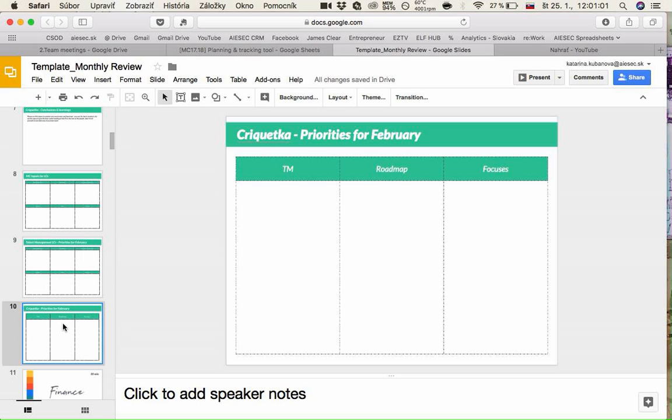You should know roughly what is going to happen in February, but yes, there will be space for synergies planning and roadmap planning. There will be space for aligning each other in the plans, but there will not be 2 hours of individual planning, just because we are wasting time with that.